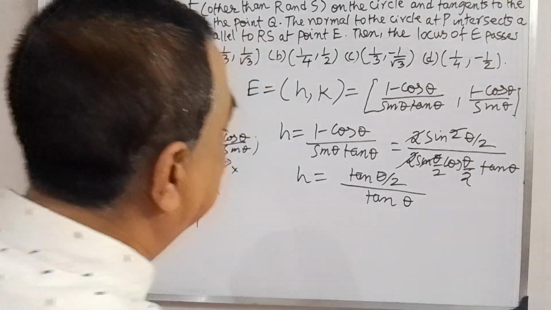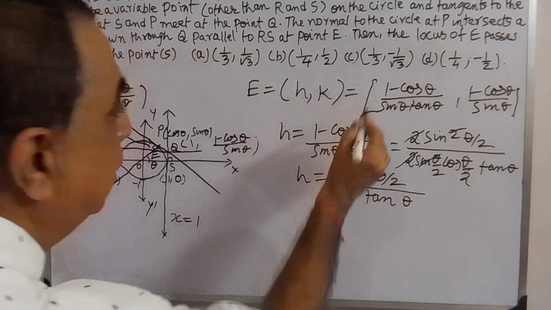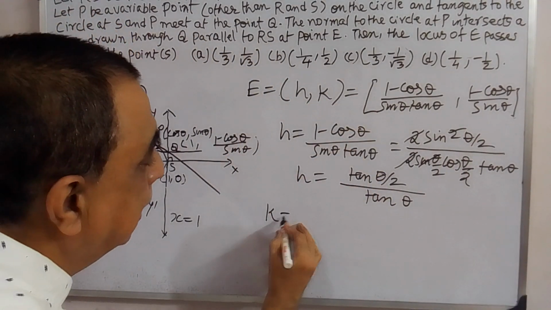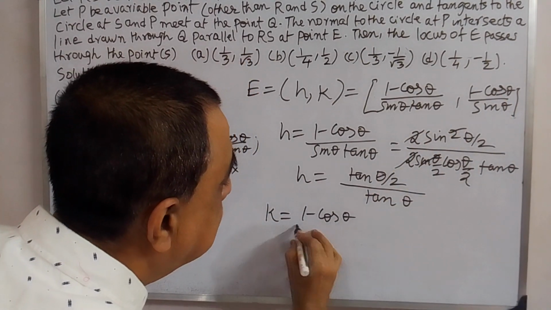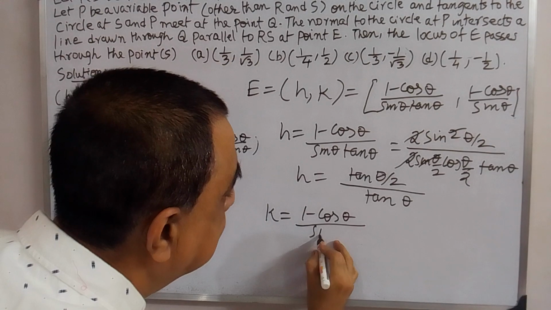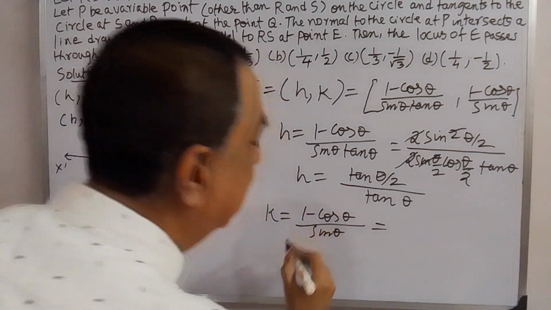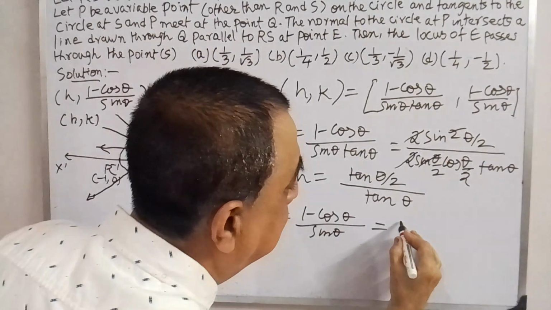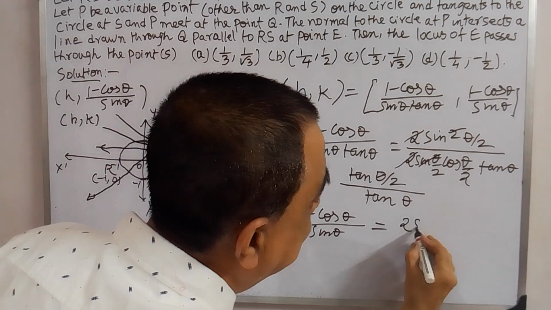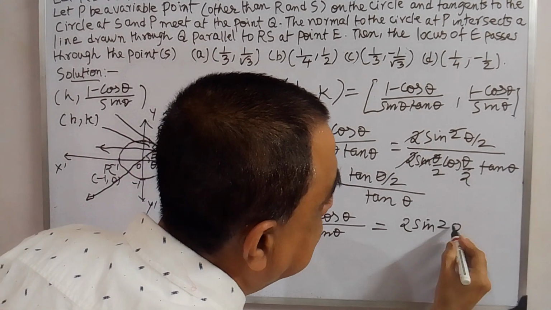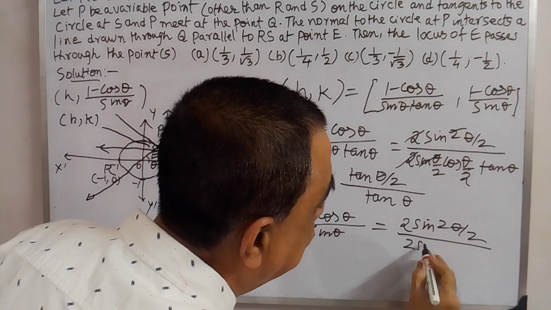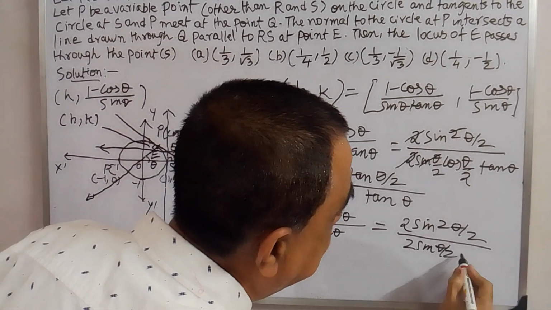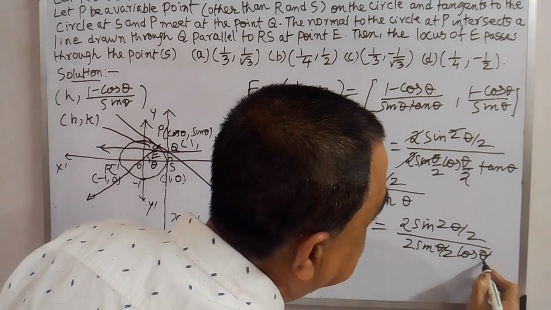That is the value of h, and the value of k is (1 minus cos theta) divided by sin theta. So 1 minus cos theta is 2 sin squared theta by 2, and sin theta is 2 sin theta by 2 into cos theta by 2.